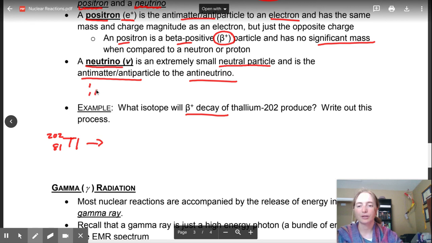A proton is going to be converted into a neutron, as well as a positron, 0 plus 1. This plus 1 maintains the conservation of charge and the conservation of nucleons, and there is our neutrino, just a nu. Antineutrino has a line on top, neutrino doesn't.